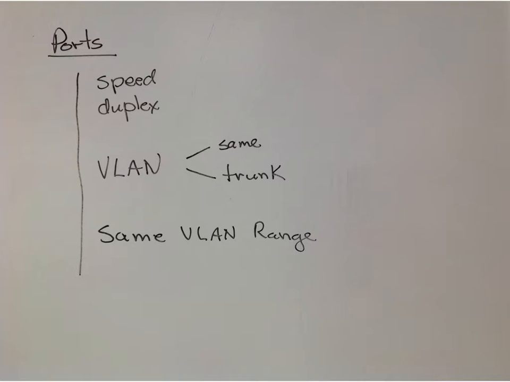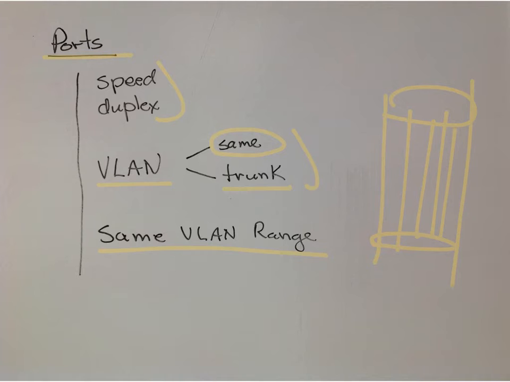And we talked about these ports. Speed and duplex have to be the same. VLANs, if you weren't trunking, but almost always these ports are going to be trunking for VLANs. So you can set up the trunk before or after, and the same VLAN range. And we're talking about using a bunch of links to create one particular port channel.